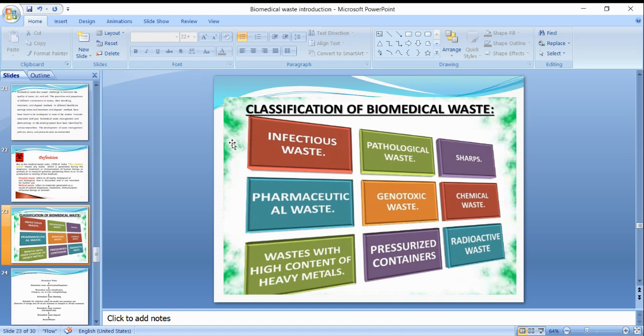Pressurized containers are nothing but containers where gas or any liquids will be stored.